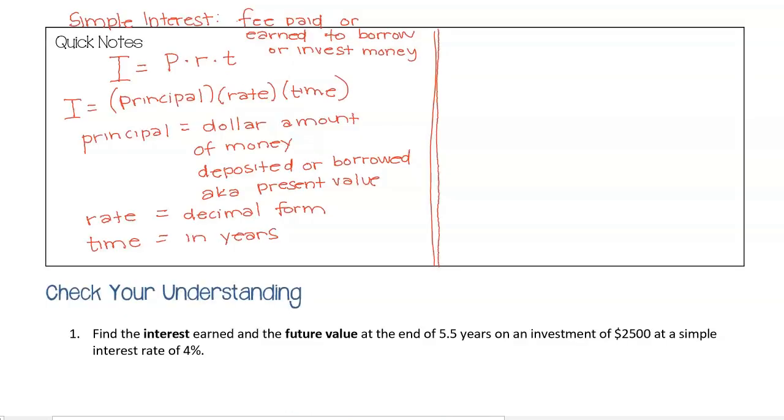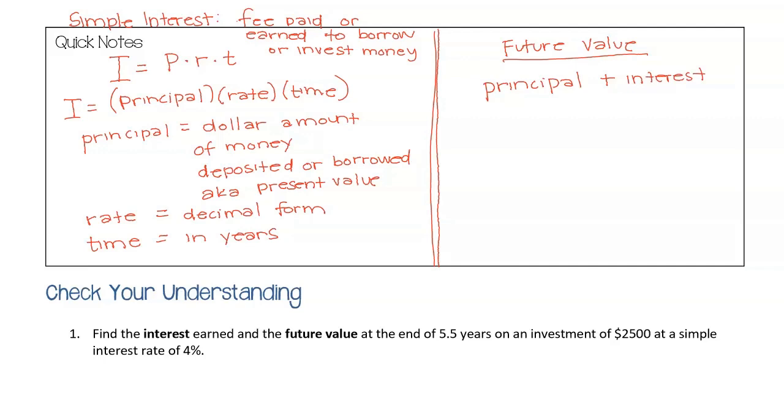We have our FV. All right, FV is going to be future value. The future value is going to be the principal plus the interest. So if we borrow $100 from someone, we have to pay them back that $100 plus the additional interest. So FV is going to be principal plus interest.